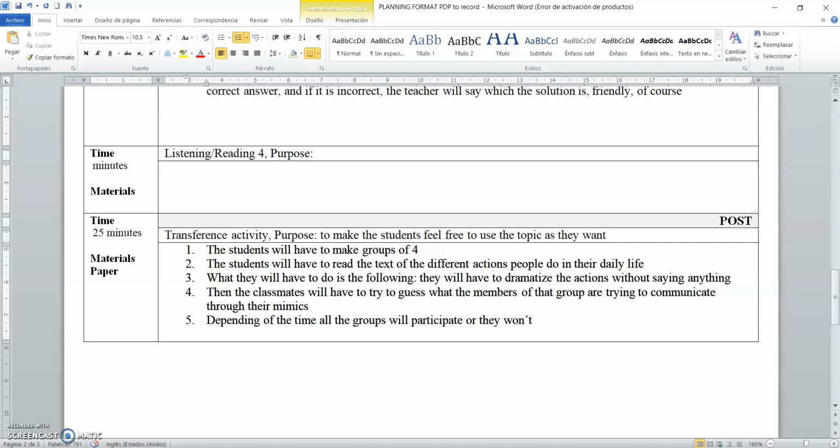What they will have to do is the following. They will have to dramatize the actions without saying anything. Then the classmates will have to try to guess what the members of that group are trying to communicate through their mimics. Depending on the time, all the groups will participate, or they won't. Okay, I guess this is clear, and thank you so much.